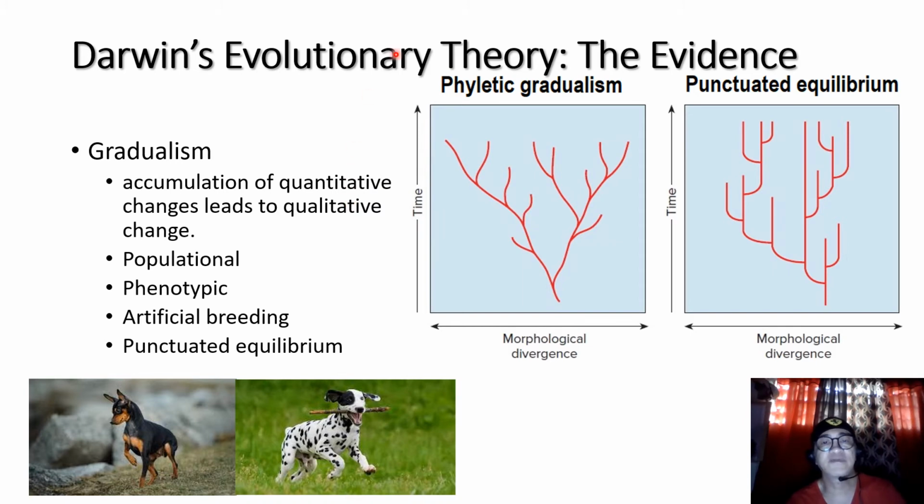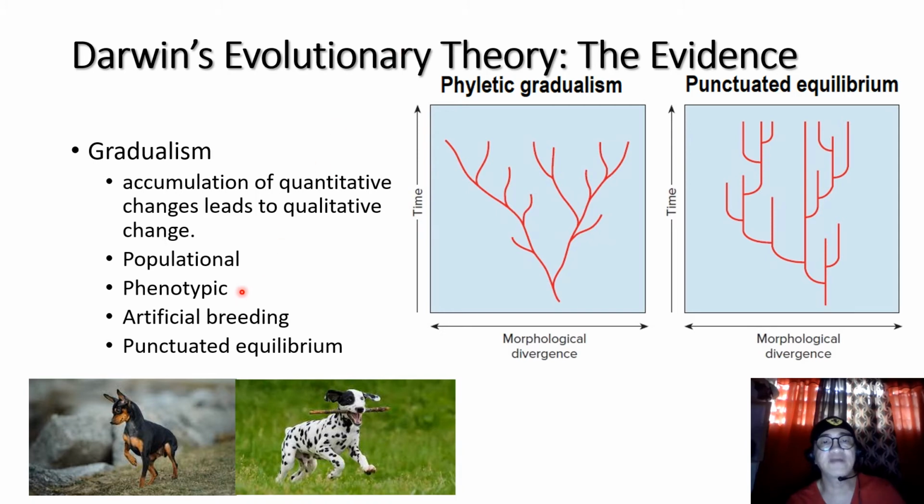There's a form of gradualism called populational gradualism that occurs when new traits become established in a small part of the population and then increase into a larger fraction of the population until they become a majority. That's populational gradualism.